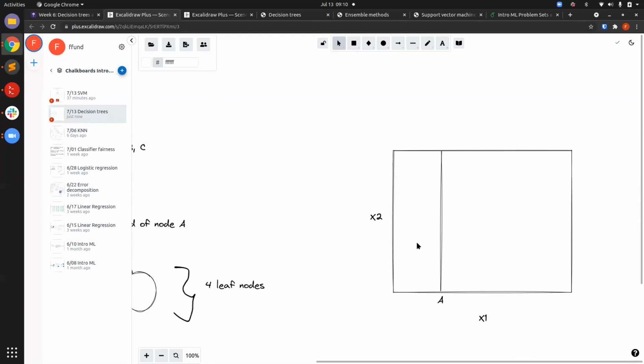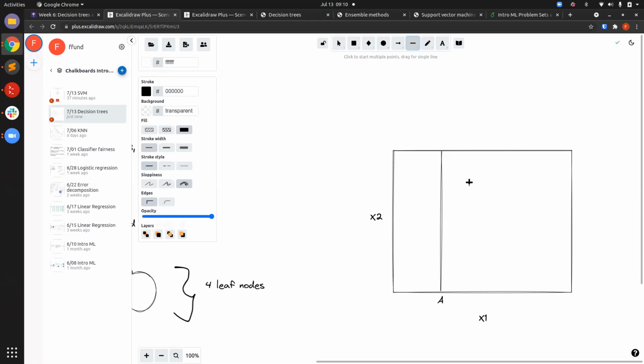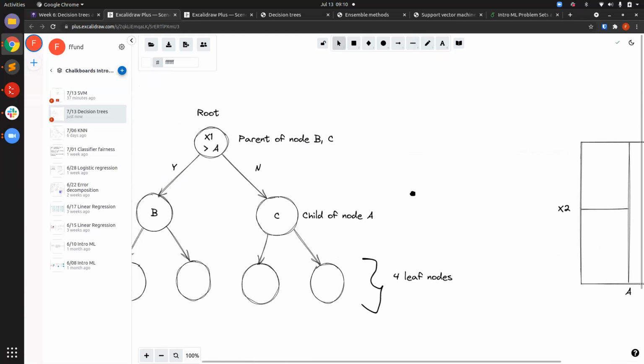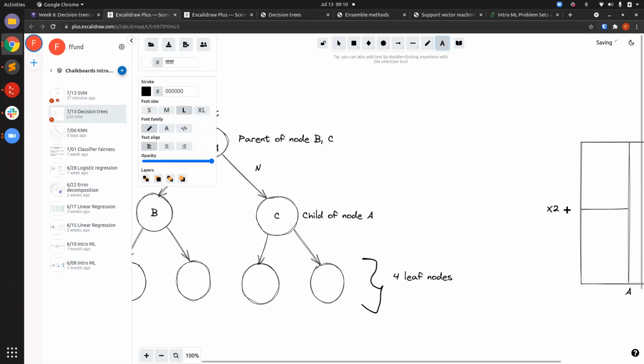It's this region on this side where x1 is not greater than a. So on the no side of the tree, I'm going to split again. And maybe this time I'll split on x2. So in the no branch, I'm going to split on whether or not x2 is greater than some value b.